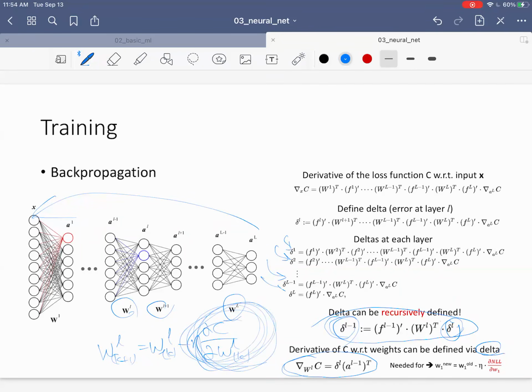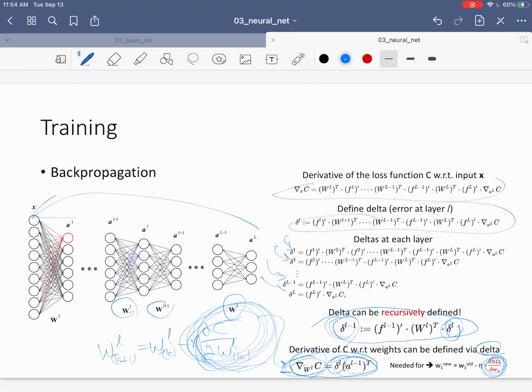And this can be obtained with delta very easily. You have the delta, and you simply multiply by A L minus 1, the previous layer's output, and that's how you get the gradient here. If you're interested, you can prove it by going through the definitions. It's pretty straightforward. So the gradient is needed for this part.